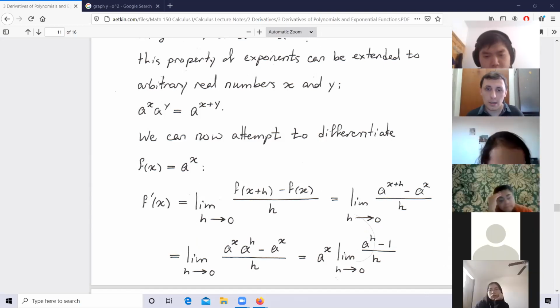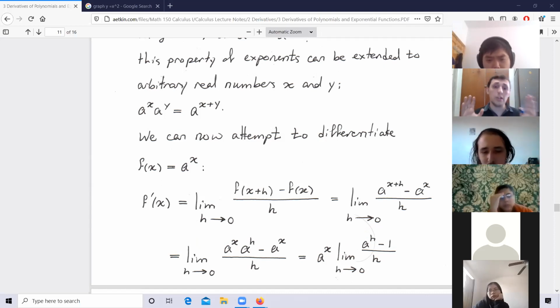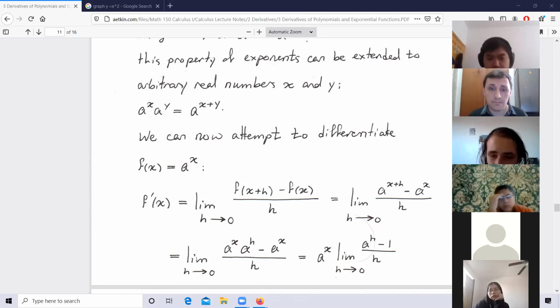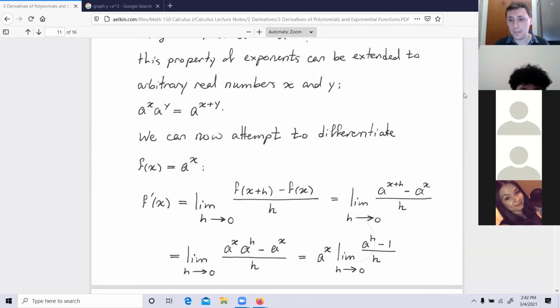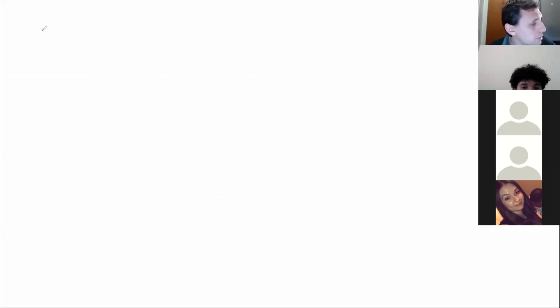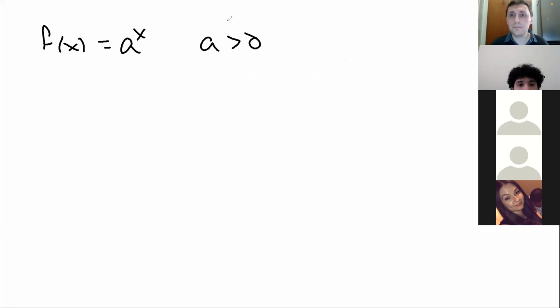Yes? Now let's see if you can interpret what just happened here, guys. Not to solve. You see, you right away think, what's the answer? What does it say about this function? Look at it again. Look what we did here, guys. So the function is some a to the power of x, where a is bigger than 0.